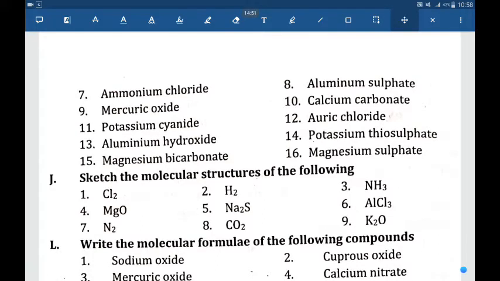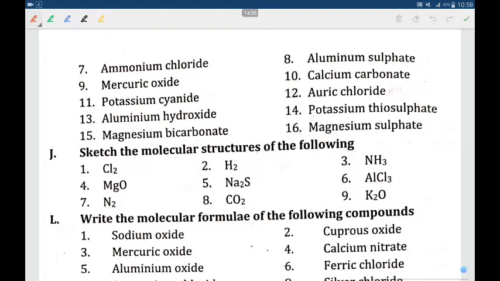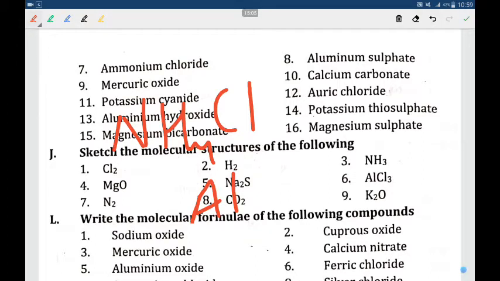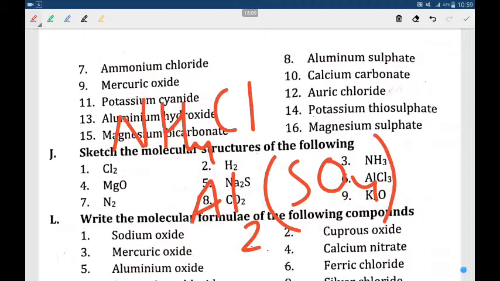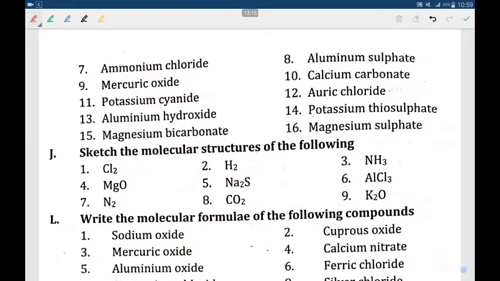Almost the same way you try. Okay, I'm going to write ammonium chloride, you get NH4Cl. Aluminum sulfate is Al2(SO4)3. But you have to show the crisscross method. Clear? Oxide means HgO.